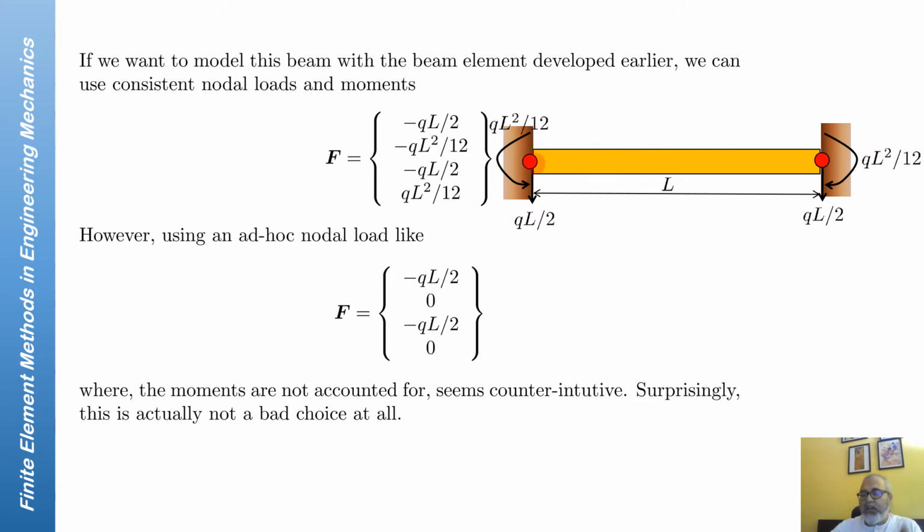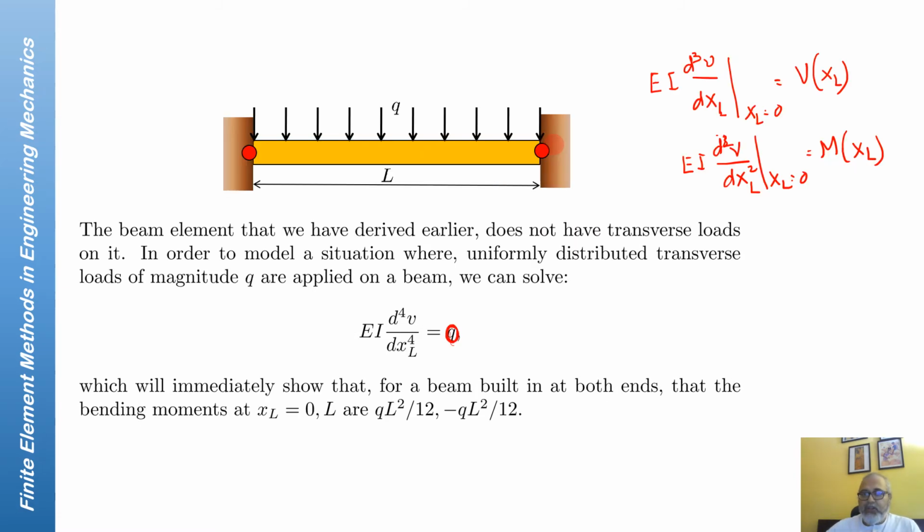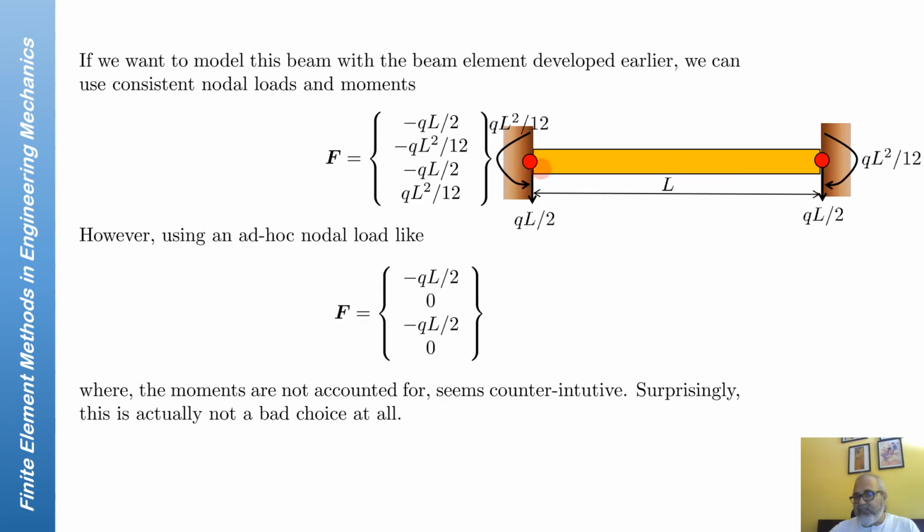So this would be a consistent equivalent problem where I'm using a beam element with a stiffness matrix that was derived for no transverse loads. I'm using that which I derived earlier and applying these loads to compensate for the distributed load that I have in the actual problem. So I'm solving this actual problem with a set of consistent loads but no transverse load applied.